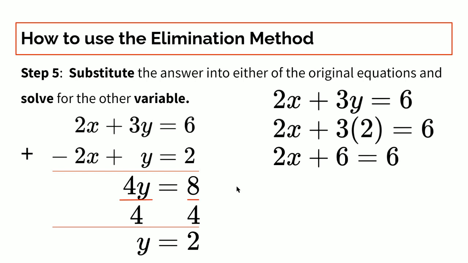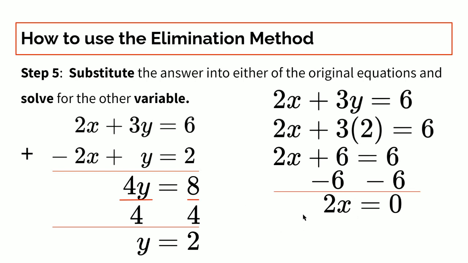And from here, two-step equation. We saw those last semester. Get rid of the constant, get rid of the coefficient. So we start by subtracting 6 from both sides. On the left, that leaves me with 2x. On the right, that leaves me with 0. 6 minus 6 is 0.